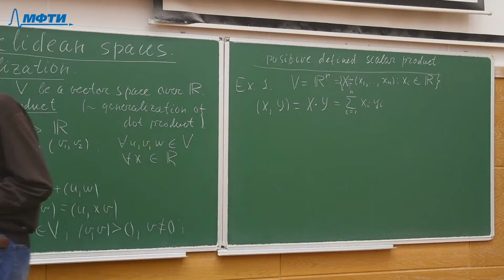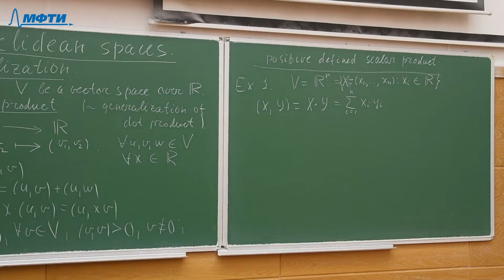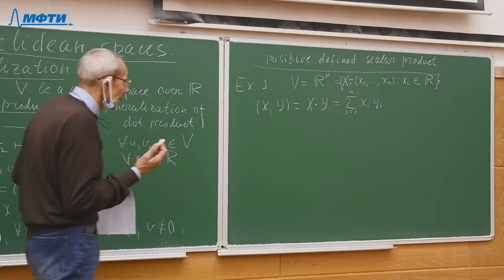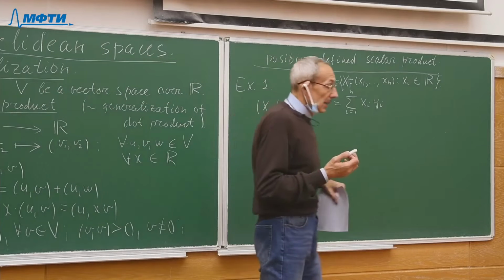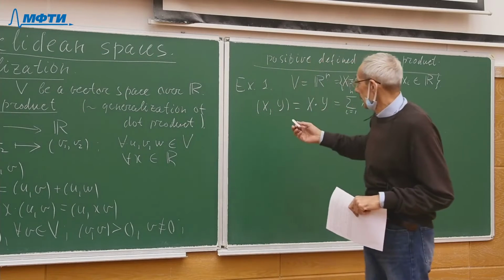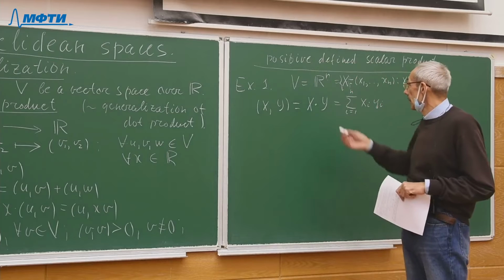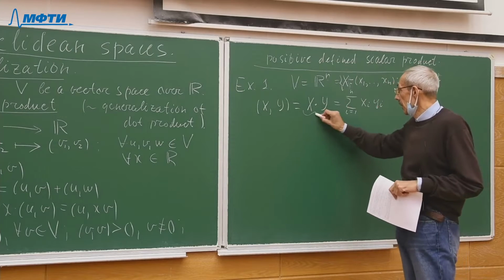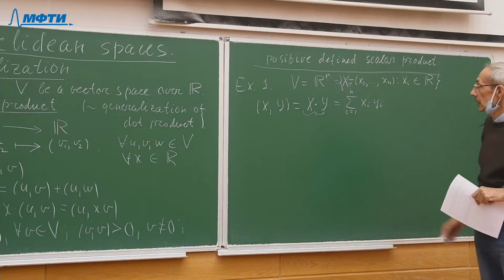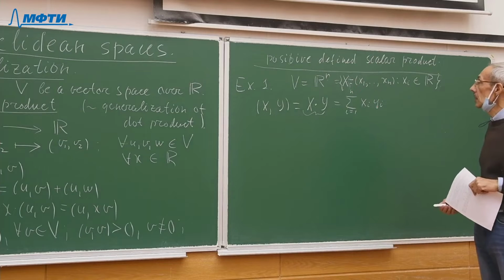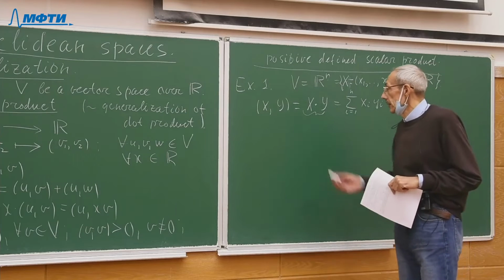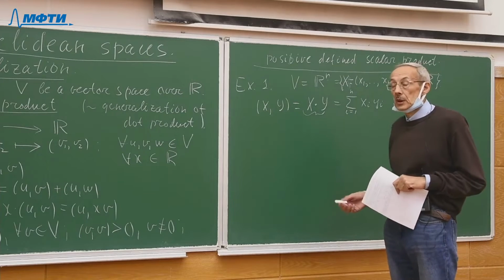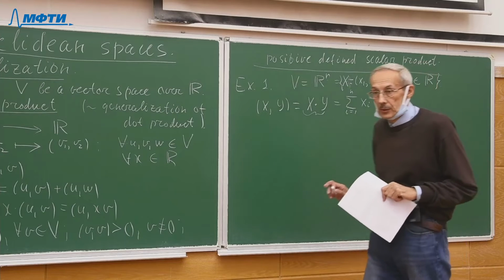Moreover, we defined the dot product on the arithmetical vector space by this formula, and in this example the scalar product coincides with the dot product.